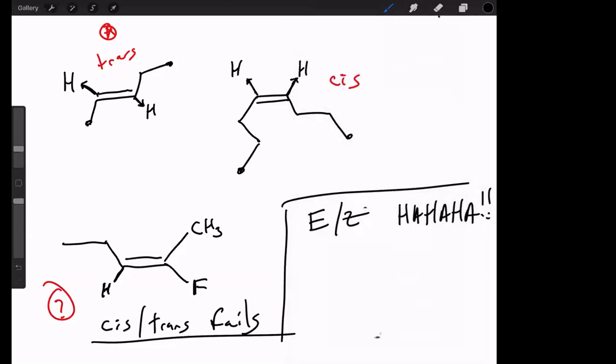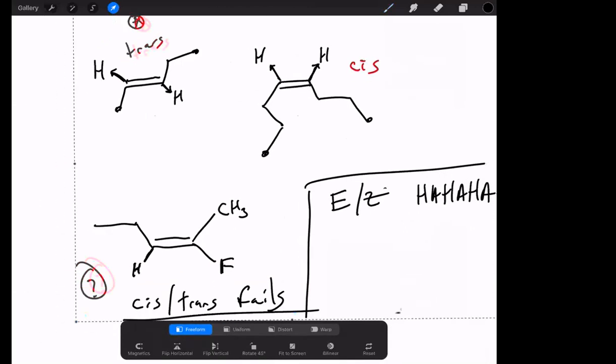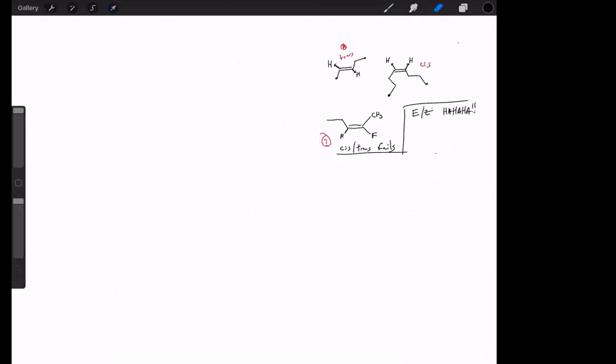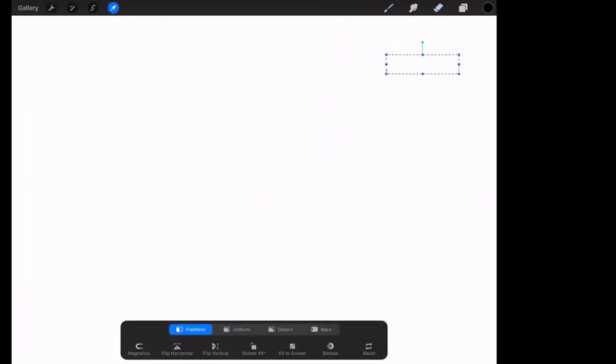All right, so let me show you what we mean by E and Z. E and Z are abbreviations for German words. If I can remember how to spell them, it's entgegen and zusammen.